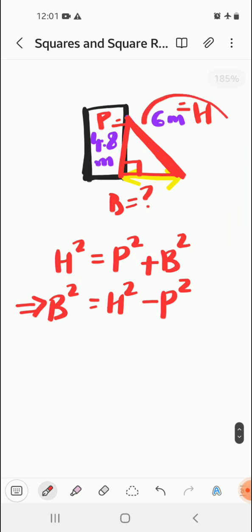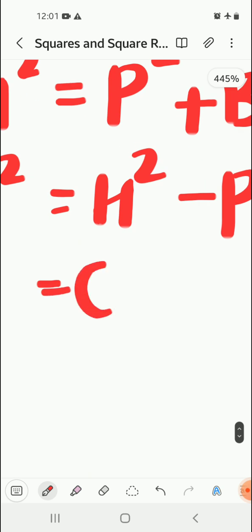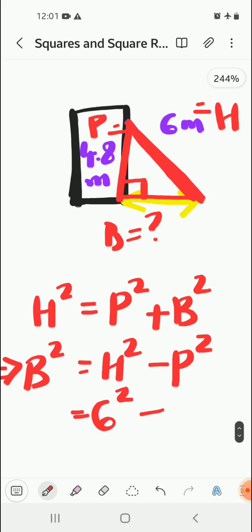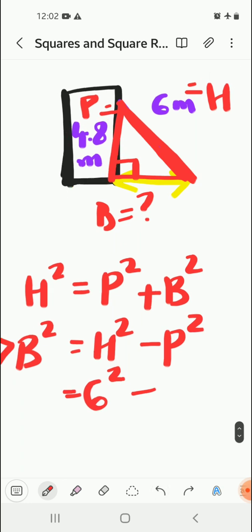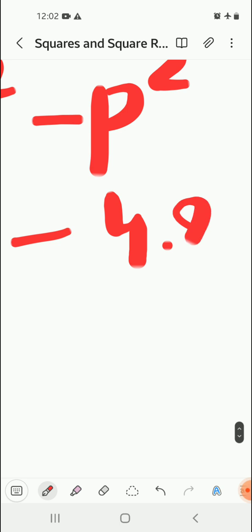Here we have to substitute the values. Hypotenuse is given as 6 meter, so 6 squared, minus perpendicular given as 4.8 meter, 4.8 square.